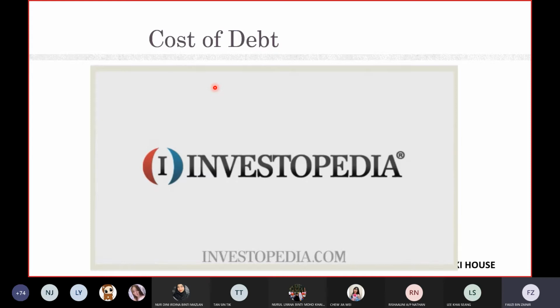Instead of the coupon rate, they're paying the interest rate to the banks, and they are being measured by the risk level, and the risk level is also being measured by the credit spread. Okay, but anyway, what we are looking at is just the before-tax effect and after-tax effect on the rates.